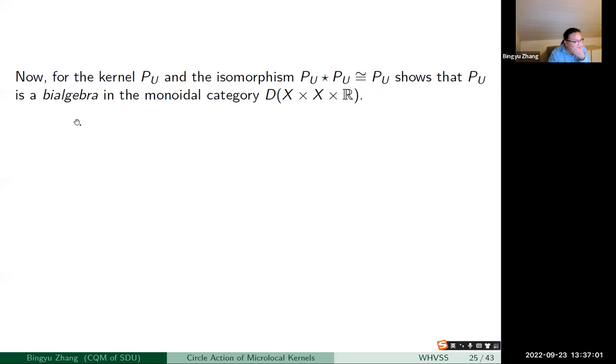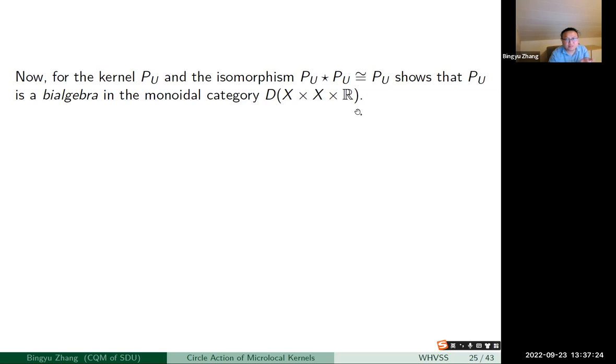Now, what's interesting to us is that as we have an identity for the kernel, we can actually prove the isomorphism, through that P is actually a bind algebra in this monoidal category.